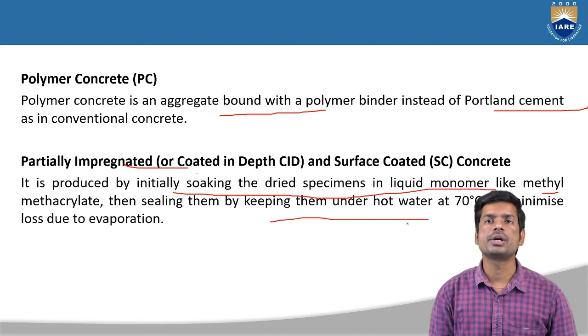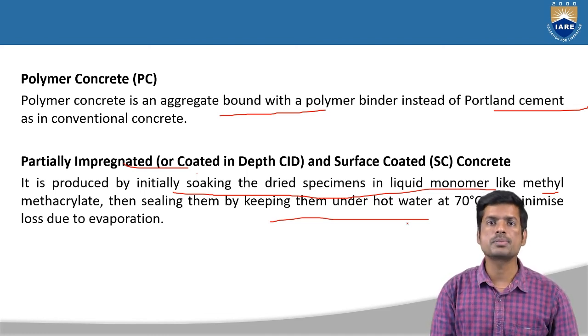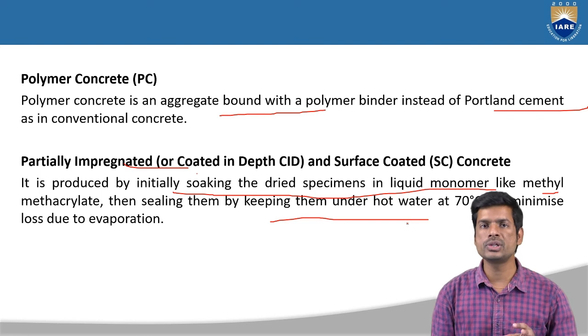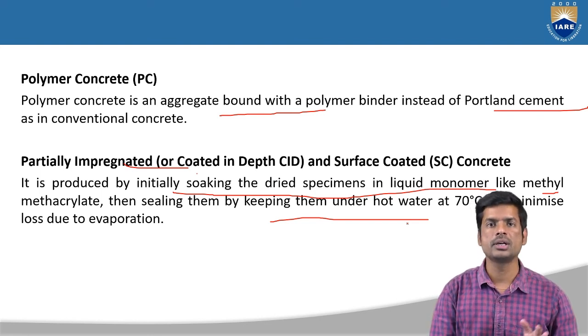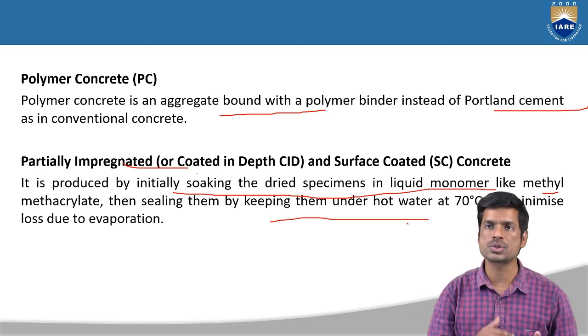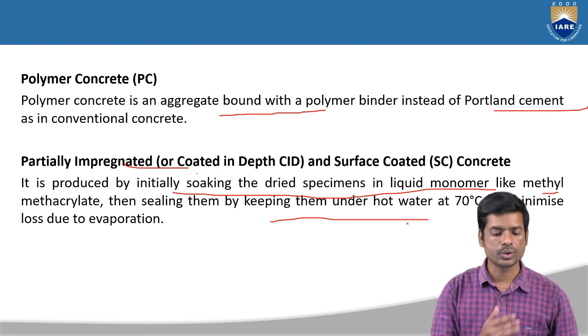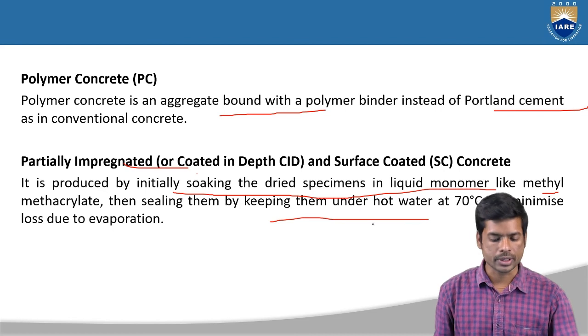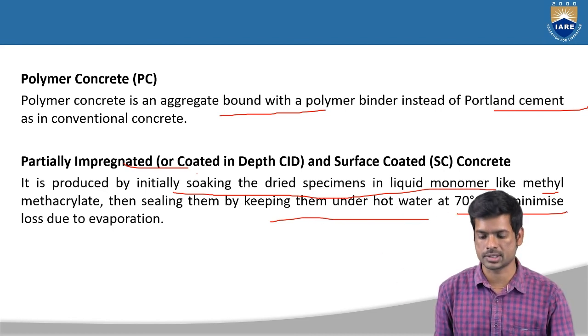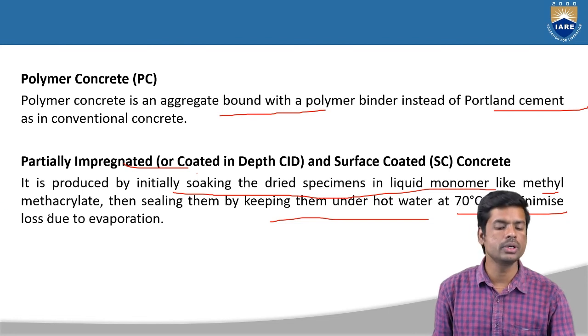So after casting the normal concrete, we soak it in a liquid monomer. When you soak it, the monomer gets into the concrete material. Then we seal the concrete by keeping it under hot water at 70 degrees Celsius to minimize the loss due to evaporation.